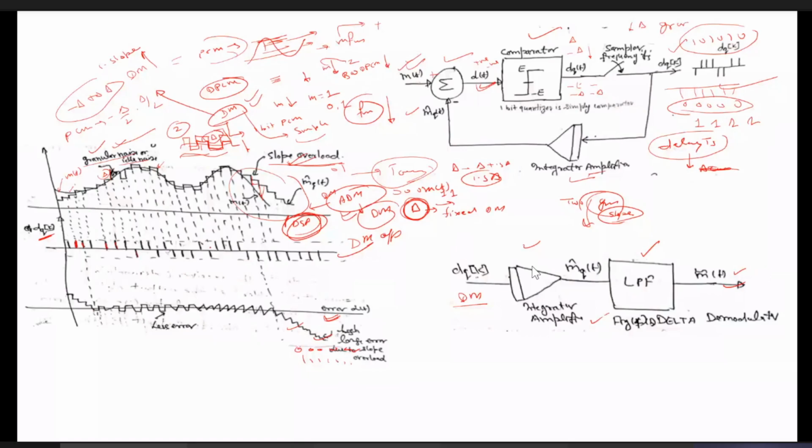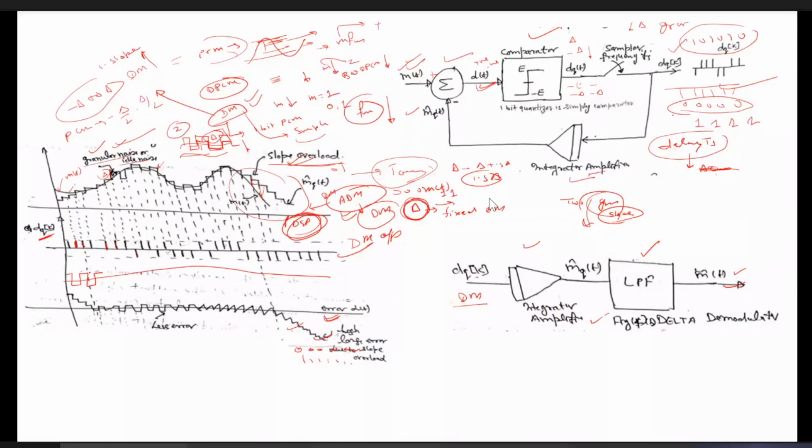Now this d(t) is compared with d_q(t), the comparator output. Whenever d(t) is positive, this d_q(t) will be plus, and whenever negative, it will be minus, like this one. But it will be in continuous time.